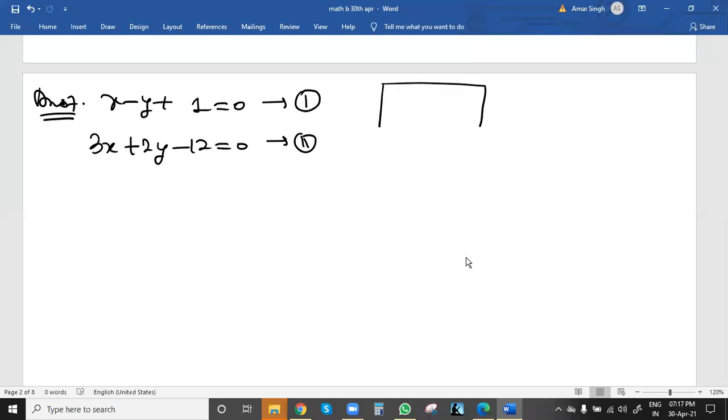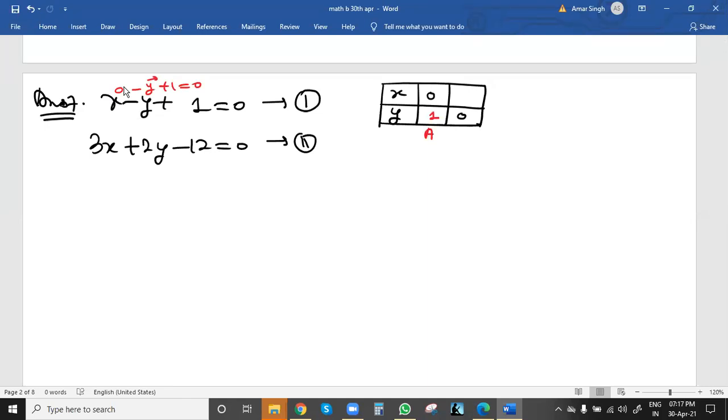For the first equation, we'll draw one table. We just need 2 points to draw a line. We'll join these 2 points and we can extend. Better to take first x as 0 and y as 0 in a cross. First we'll put x equal to 0, and then diagonally we put y equal to 0. So for x equal to 0, 0 minus y plus 1 equal to 0, so y will be 1. Let this point be here.